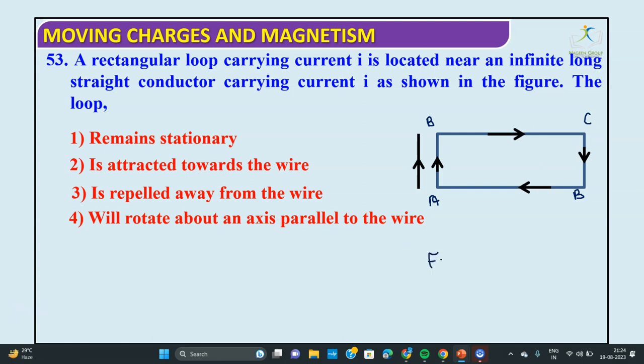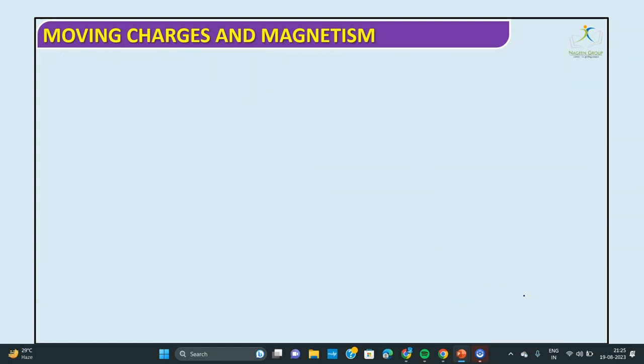The force F1 will be mu naught I L divided by 2 pi A. Similarly, F2 will be mu naught I L divided by 2 pi (A plus B). So the correct answer for this question is that it is attracted towards the wire. Now the next question.